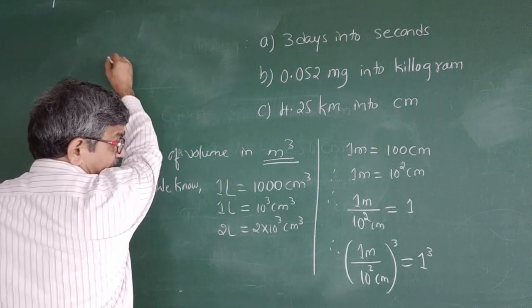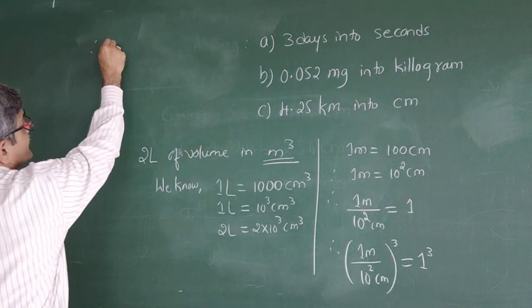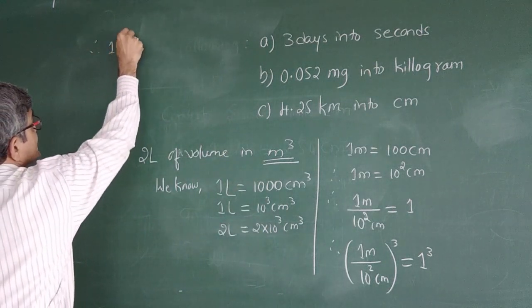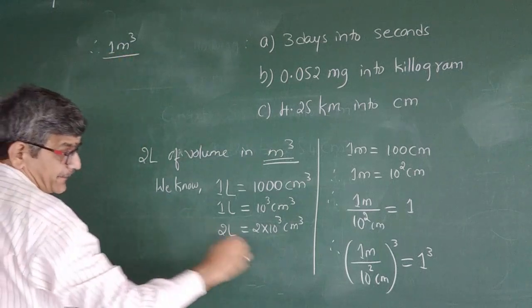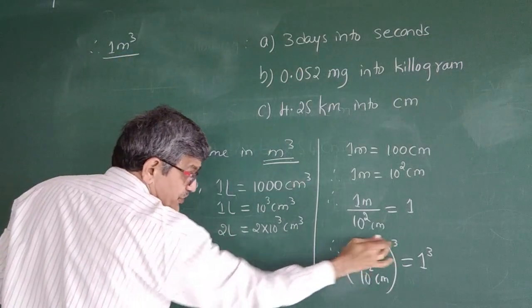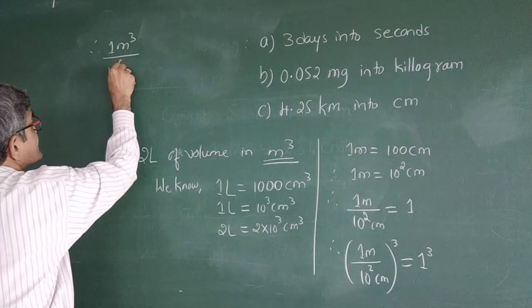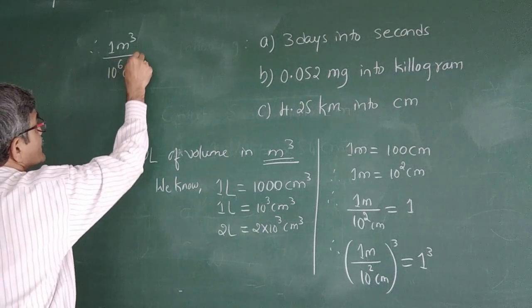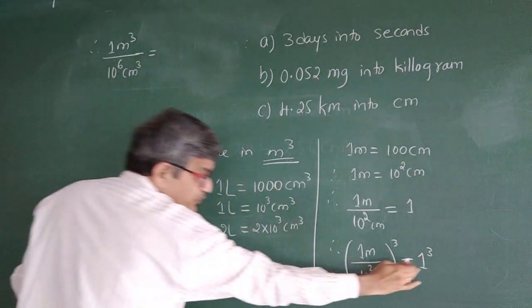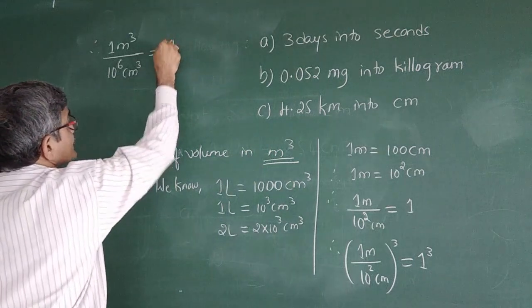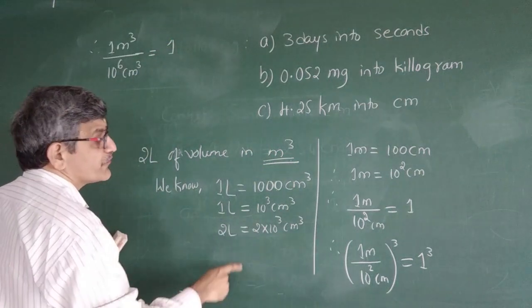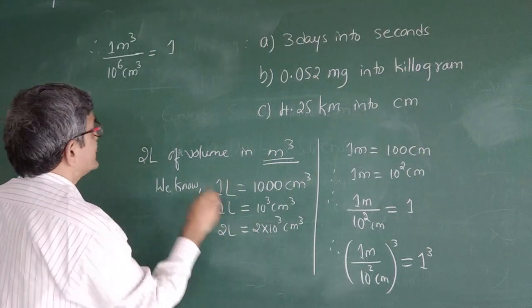Therefore, I will continue here. So 1 meter cube divided by 10 raised to 2, the cube, that is 10 raised to 6 centimeter cube, equal to how much? 1 cube is how much? 1.